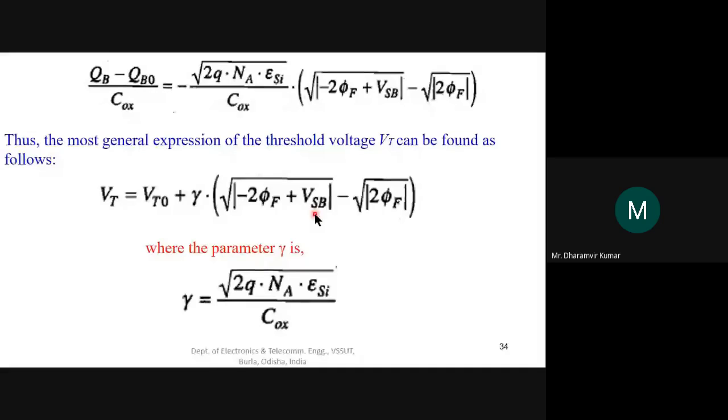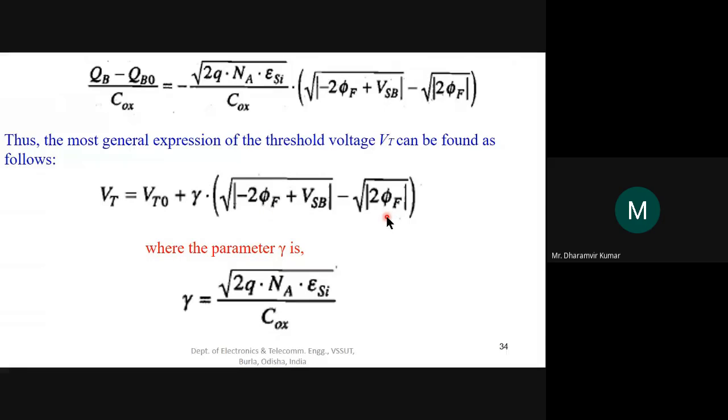Although the dependencies are a bit complex because they appear under roots. Look here: under root 2 phi f, and this is again under root 2 phi f.